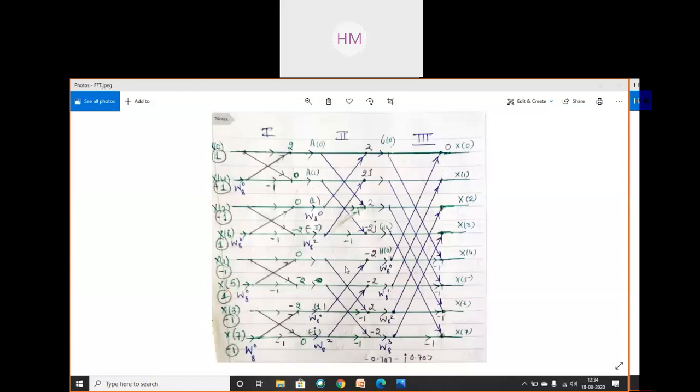Second stage. Complete the second stage.